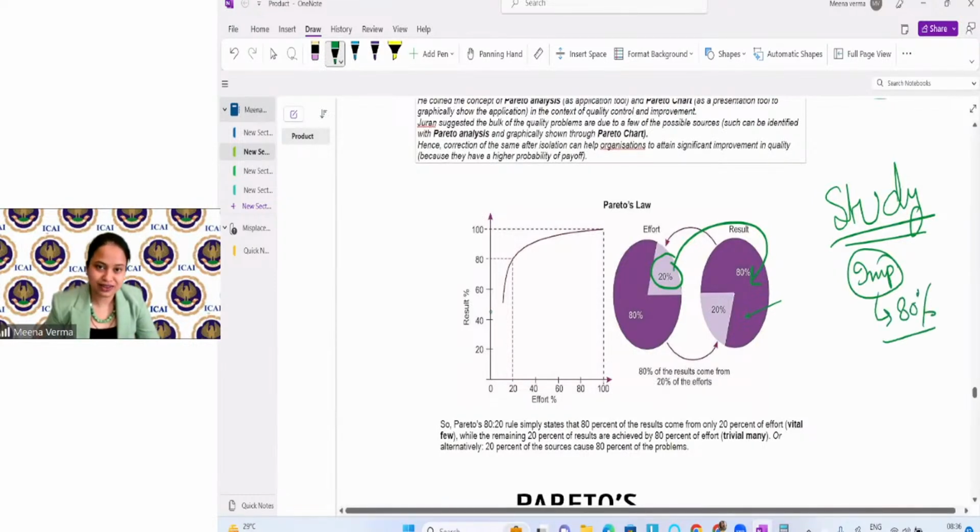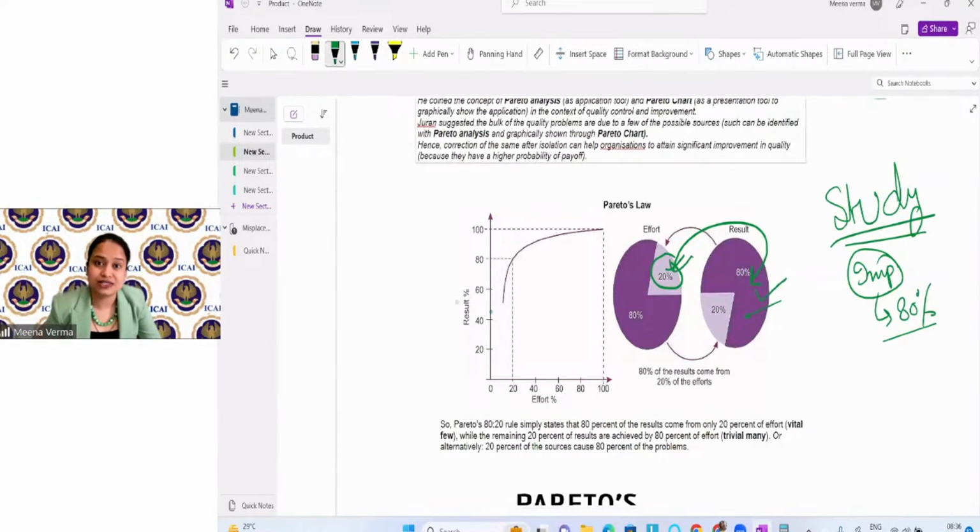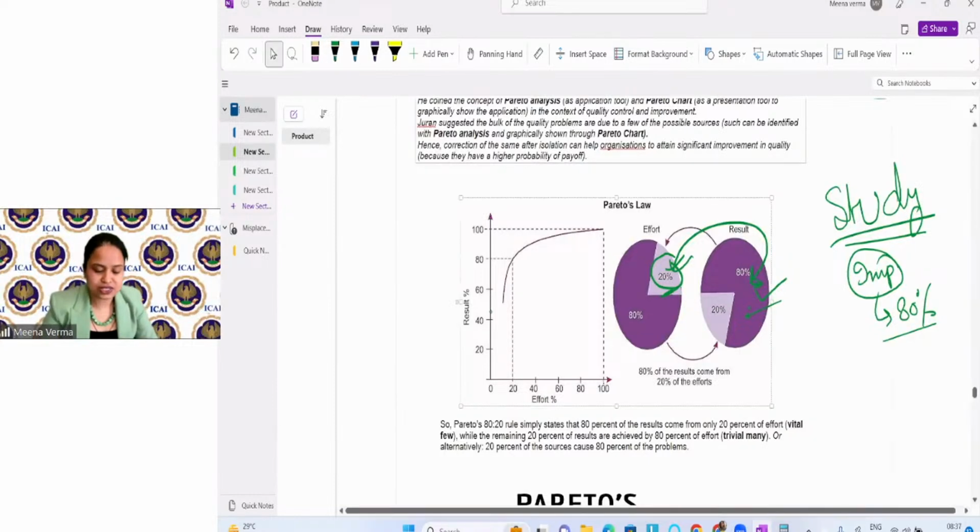So the point is that we put in very little effort, and with less effort we achieved more results. This is known as the 80-20 rule. We should first focus on the areas which are more important to get better results. Okay, so this is the 80-20 rule.